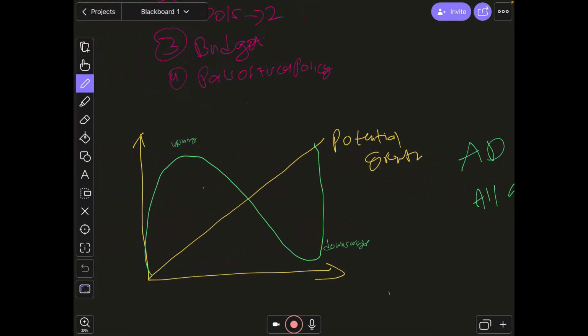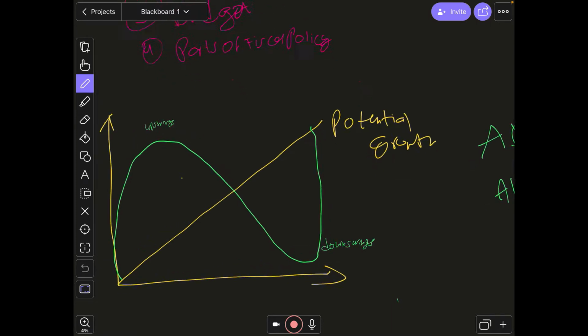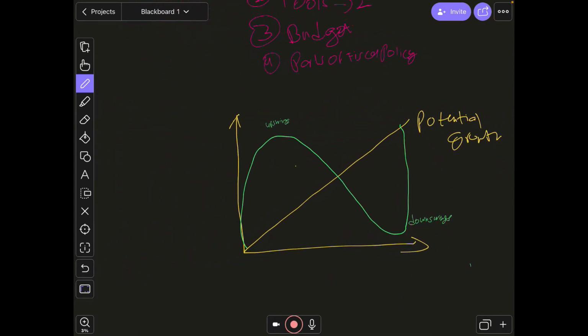This is a curve which tells us why fiscal policy is used in the first place. This curve is known as the business cycle. We also discussed this in the video about monetary policy, right? This whole diagram is known as the business cycle.